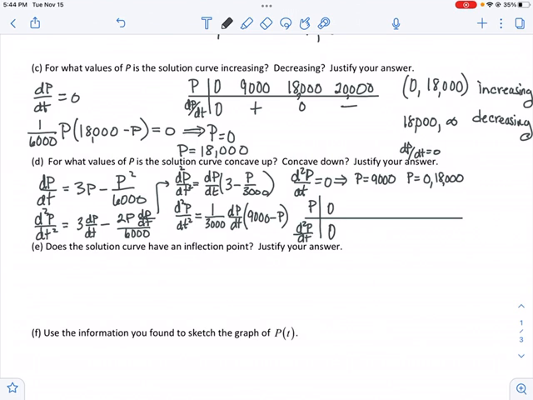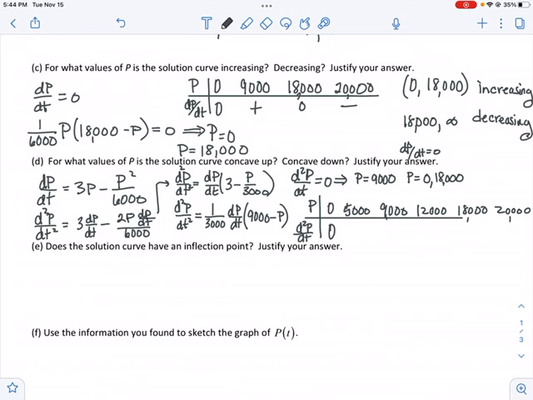So the second derivative will also be 0. So then I'm going to have to pick a value in between 0 and the next possible point of inflection, which is 9,000. So I'm going to pick 5,000, and then I've got my 9,000, and then I've got to pick a number between 9,000 and 18,000. So I'm going to pick 12,000, and then 18,000, and then a number after 18,000, 20,000.